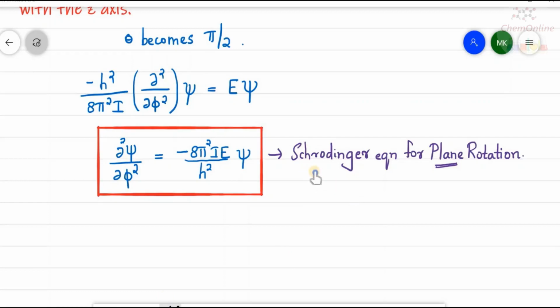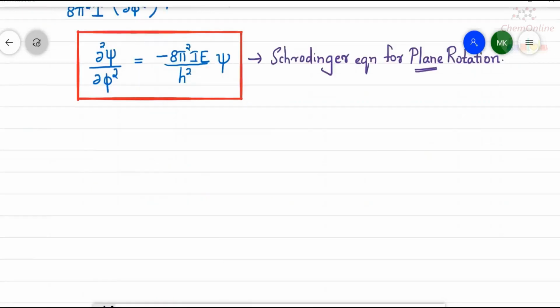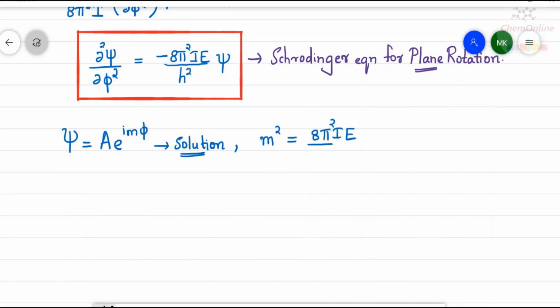Now we want to find a solution for this equation. We can prove that xi equals a e raised to i m phi will be a solution for this equation, provided that m square is equal to 8 pi square IE by h square and a is a constant.